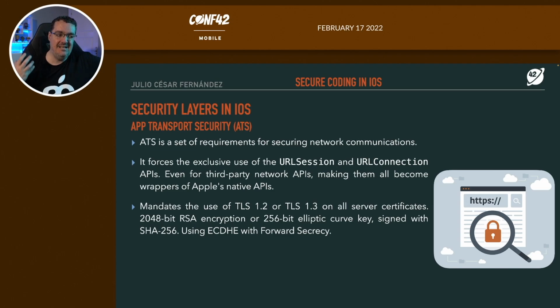From iOS 9, this set of requirements are mandates for things like the use of TLS 1.2 or even TLS 1.3 on all server certificates, 2048-bit RSA encryption or a 256-bit elliptic curve key signed with SHA-256, using ECDHE with forward secrecy.